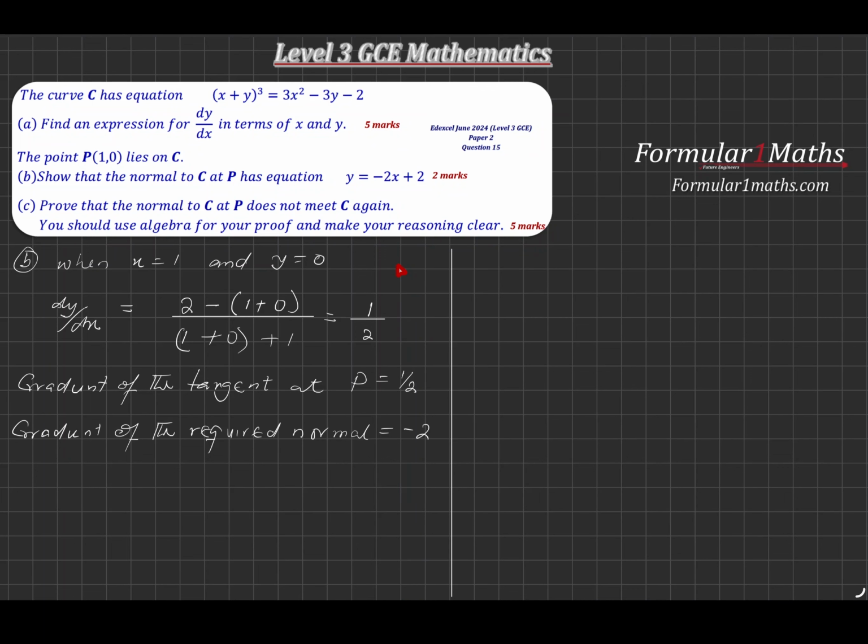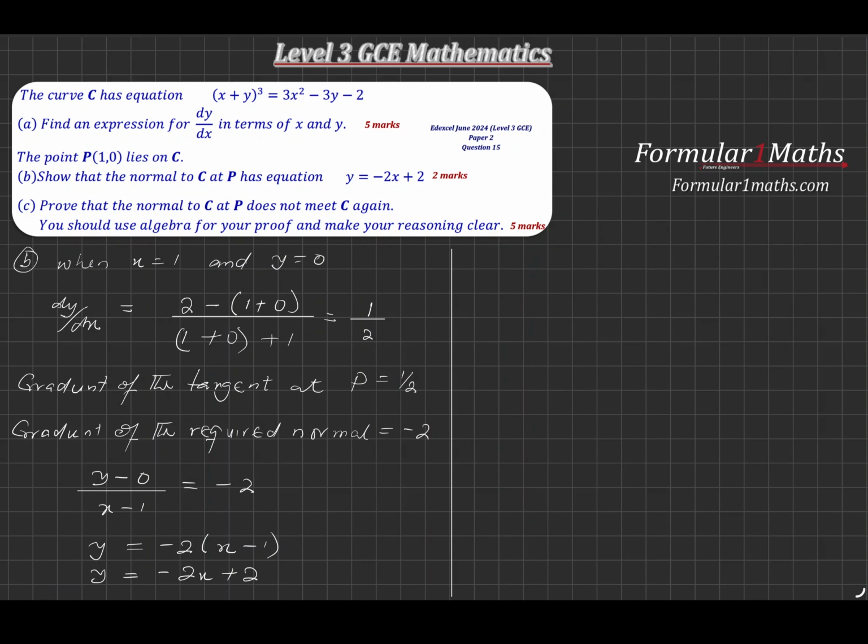So I can write (y − 0)/(x − 1) = −2. When I rearrange it, I get y = −2(x − 1). So therefore y = −2x + 2.